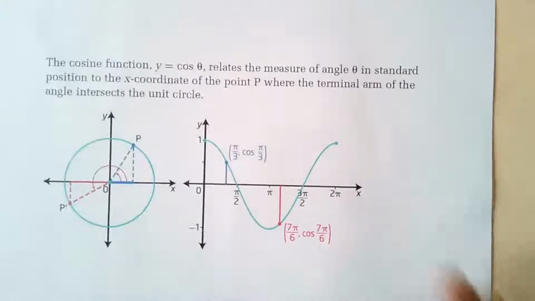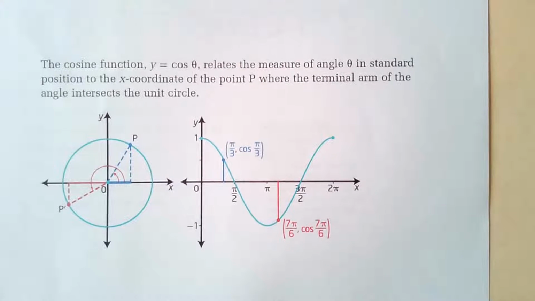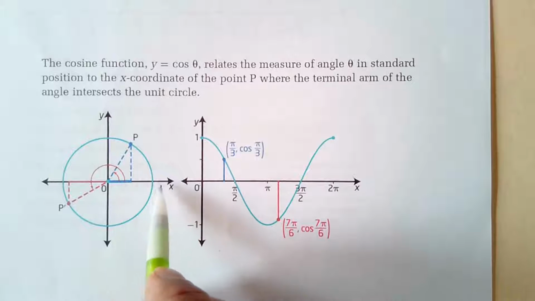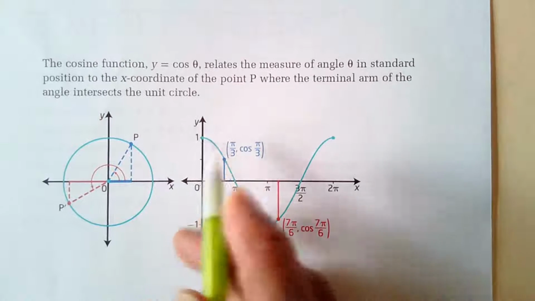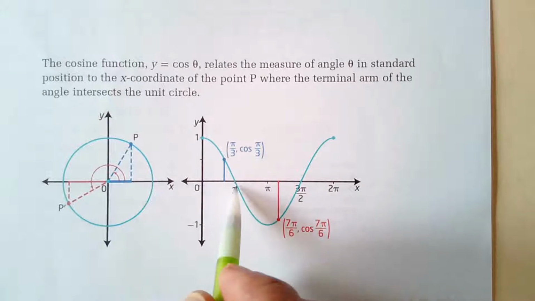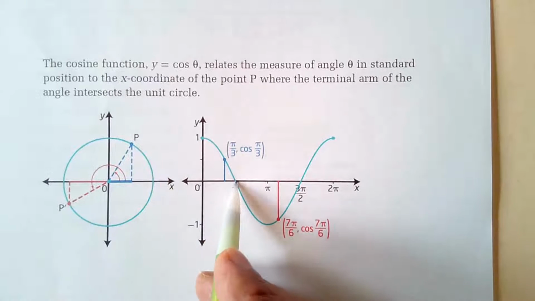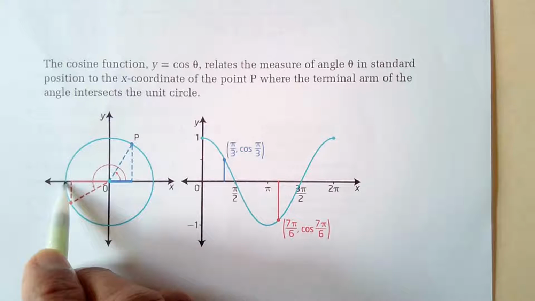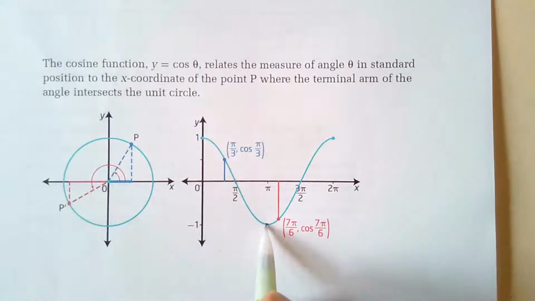The same thing would be for your cosine function. In this case, the cosine begins when, remember, cosine of 0 is 1, and cosine of pi over 2 is 0, and cosine of pi is negative 1.